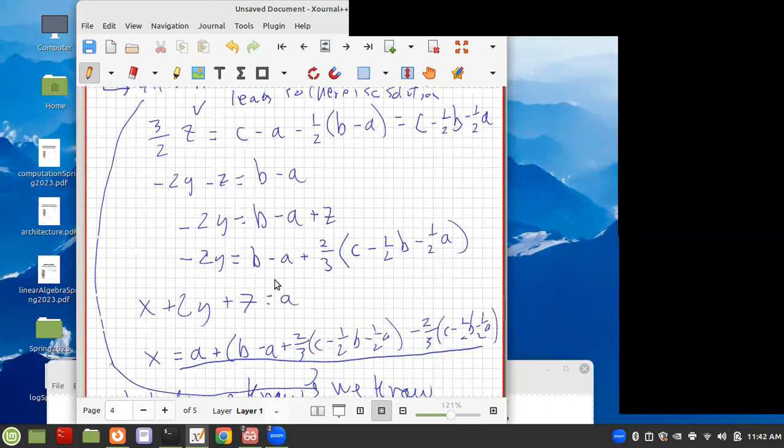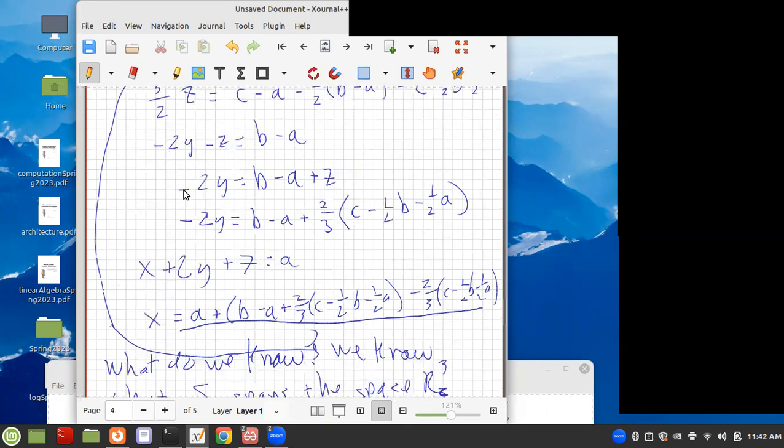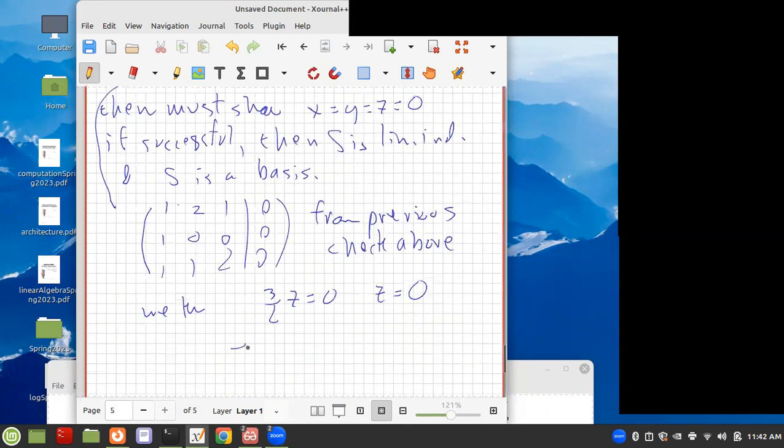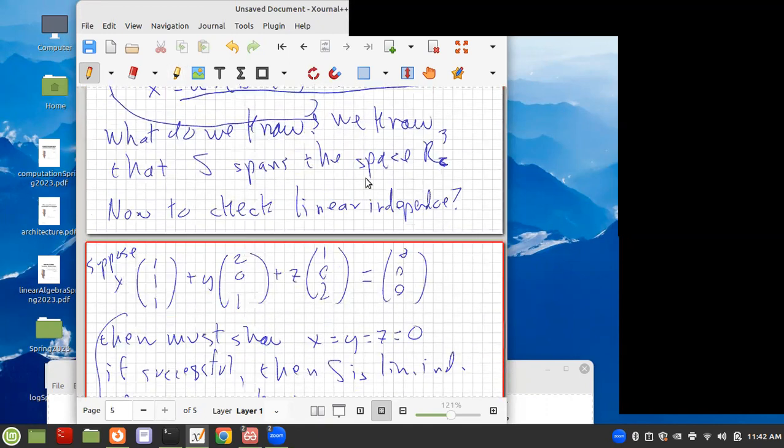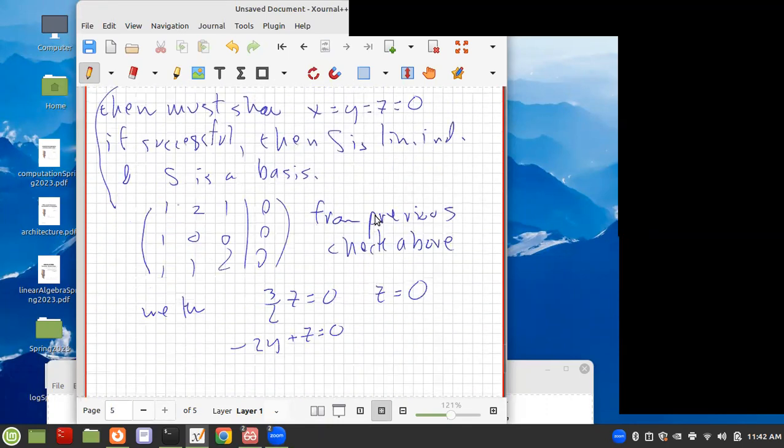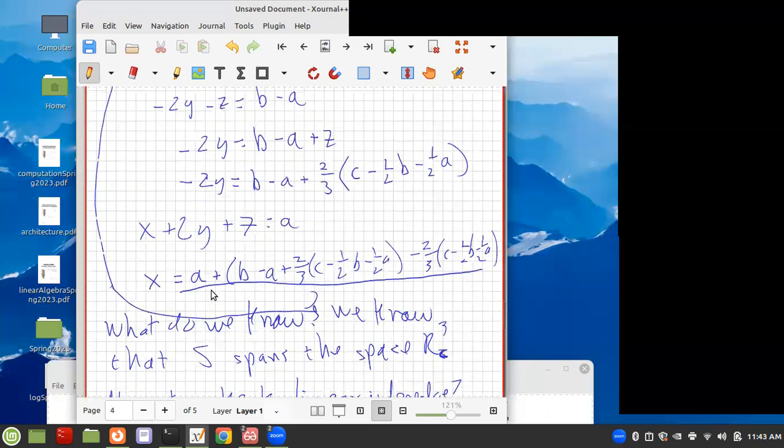And then from the second one, this y equation, we know that A and B are 0 and Z is 0. That's going to mean minus 2y minus z equals b minus a, but because b and a are 0, those are 0, and since z is 0, we know that y is 0. And then the last equation for x was, well, x plus 2y plus z equals a.